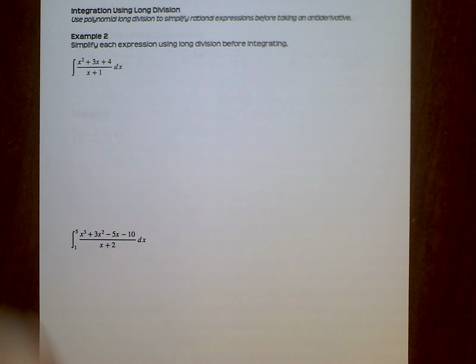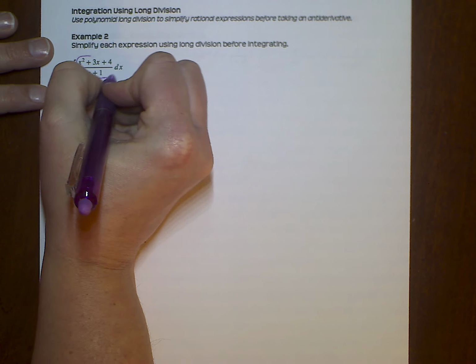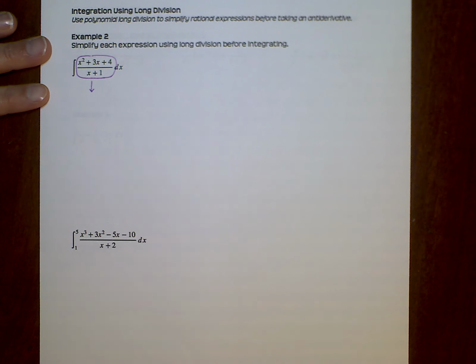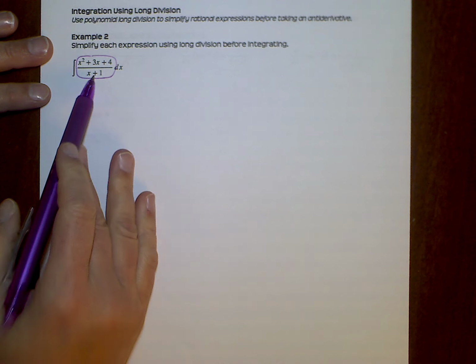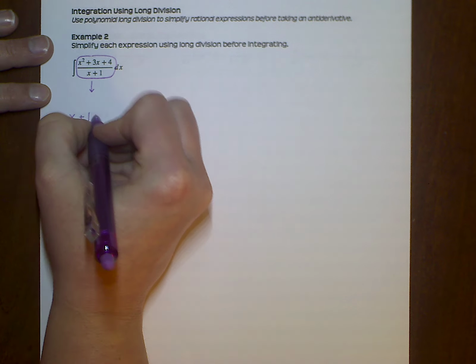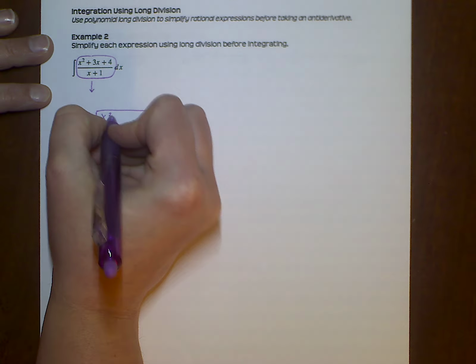So what I'm going to do with this is I'm going to take this piece off. I'm going to just kind of step down here for a second. And I'm going to use polynomial long division to simplify this expression. So I'm going to say x plus 1 divided into x squared plus 3x plus 4.